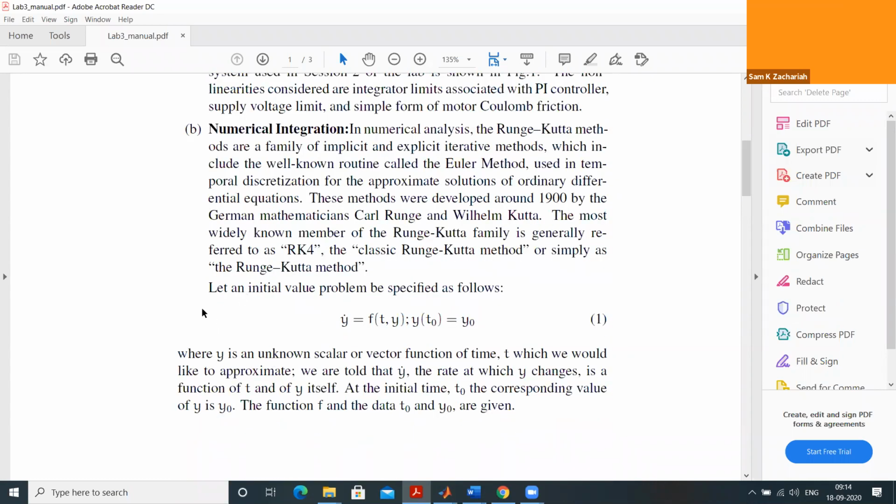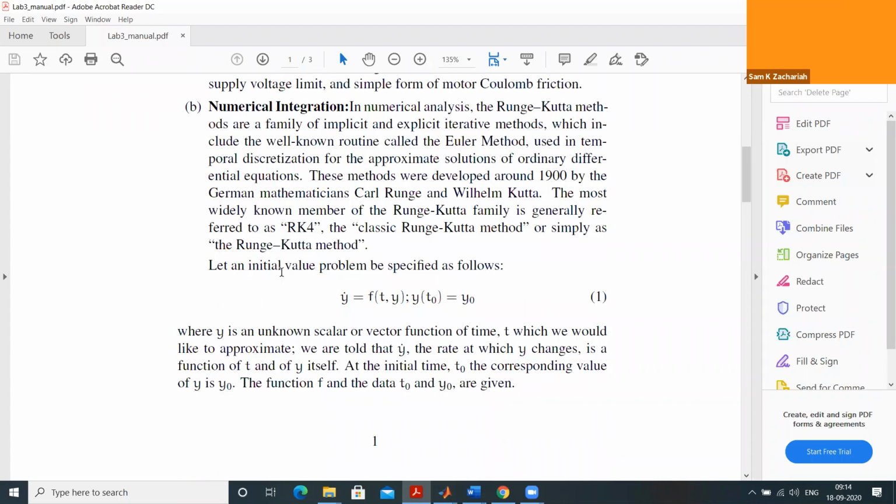The problem can be stated like this: a numerical integration problem. This is an initial value problem. It can be stated as y dot is equal to f of t, y, with y of t0 equal to y0, where y is an unknown scalar or vector function of time t, which you would like to approximate.